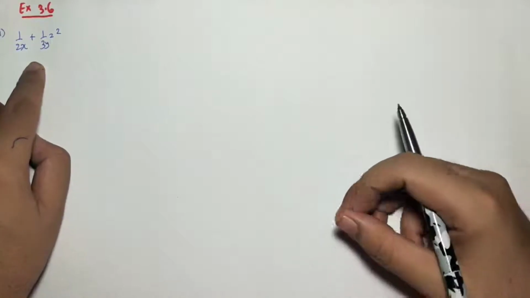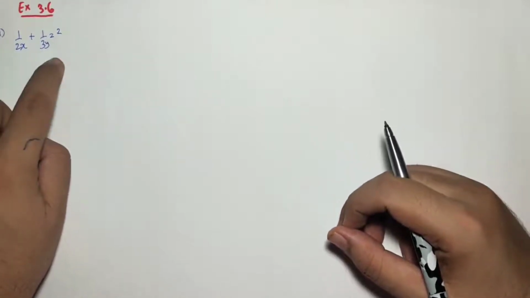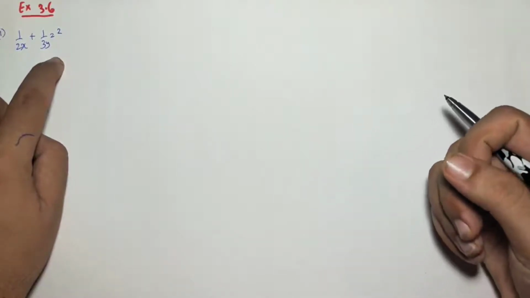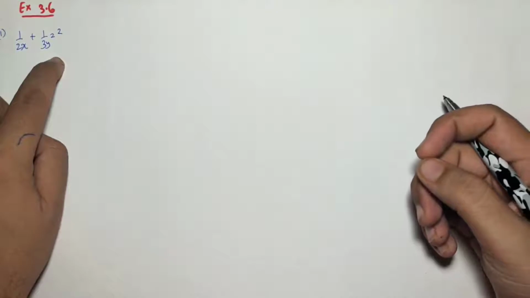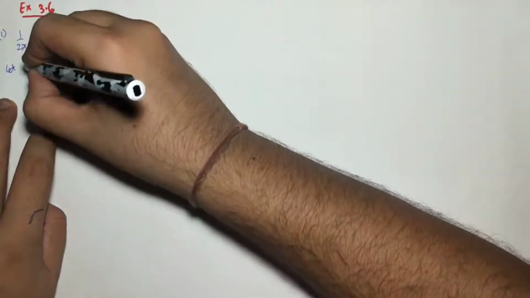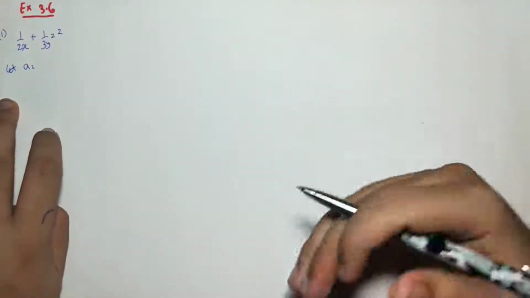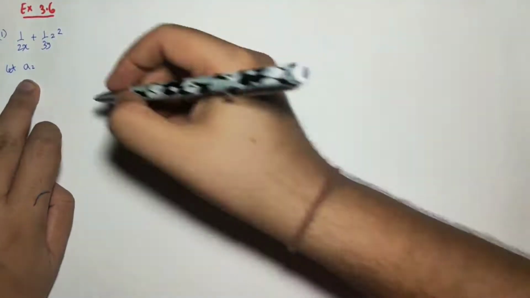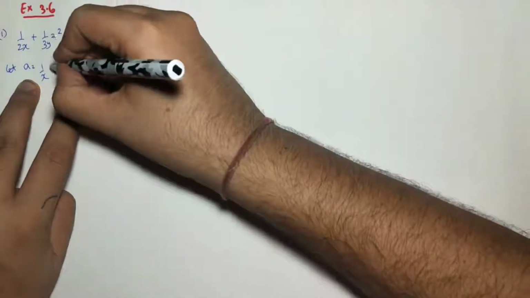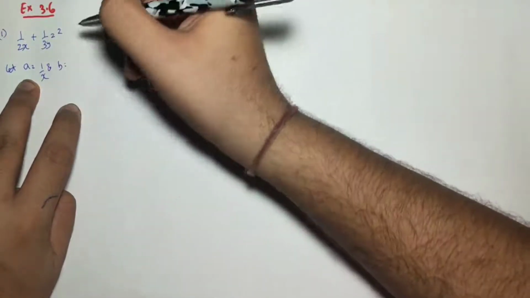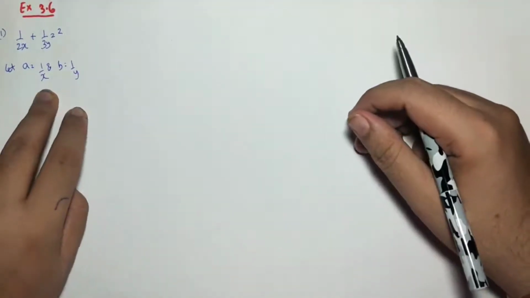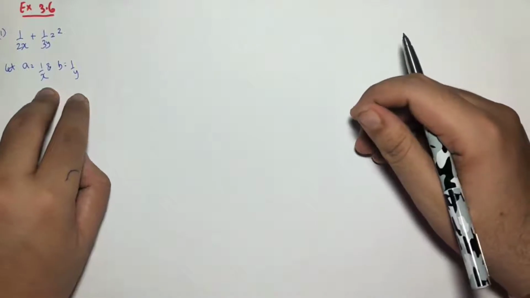So what should be done so that x and y get converted to something which is easier to solve? What if we take, let a, I take another variable. This a is actually the reciprocal of x, that is 1 by x, and similarly b as 1 by y, the reciprocal of y.